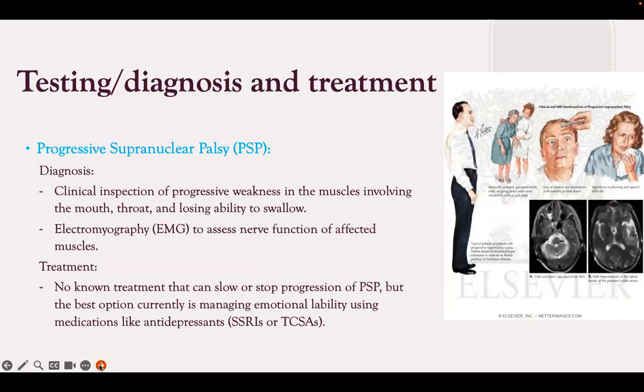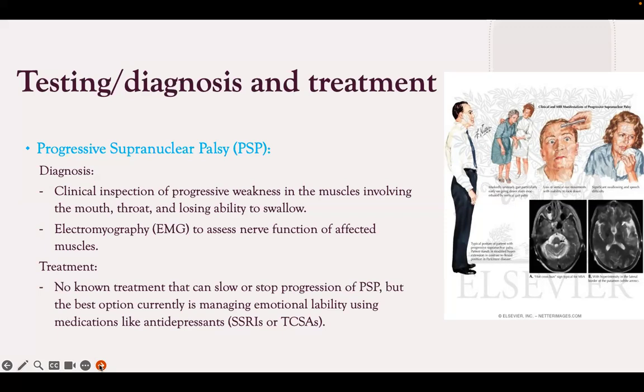As for the testing, diagnosis, and treatment of progressive supranuclear palsy, diagnosis relies on clinical presentation of progressive weakness in the muscles that involve the mouth and throat, and losing the ability to speak and swallow. Further testing may involve electromyography, EMG, to assess nerve function in the affected muscles.